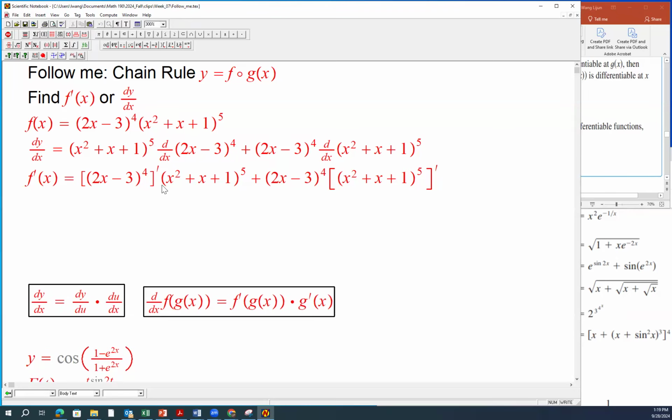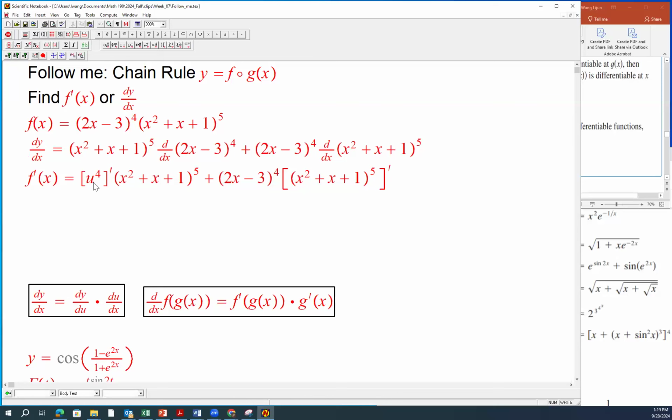And next we're going to differentiate each one of the brackets. And then we get to apply chain rule. Okay, so how do we apply the chain rule, right? So the derivative of that part, so we first see it as, this is u, okay? So I'm going to pretend this is u.